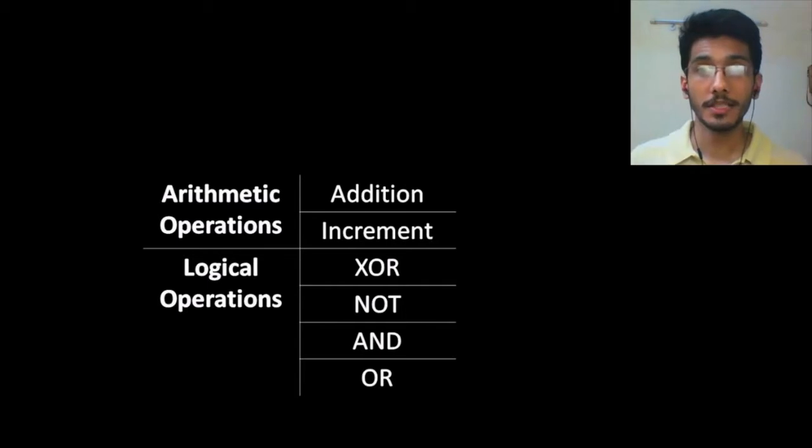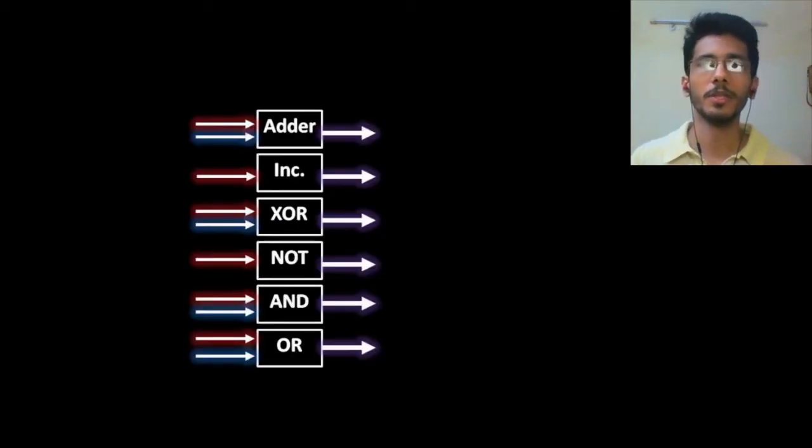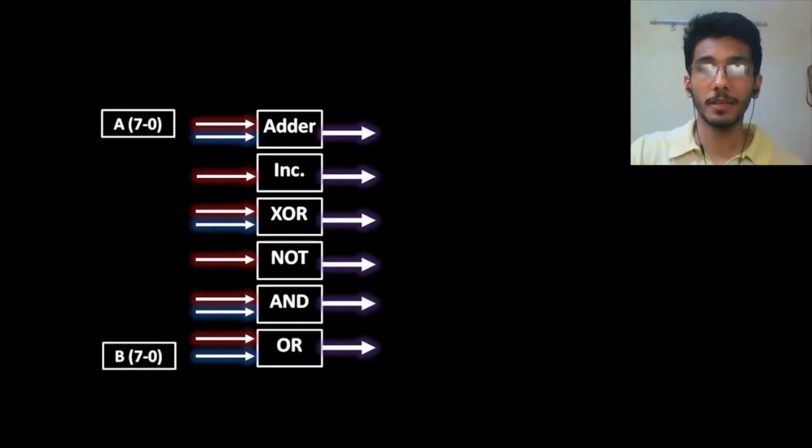Once the operations were decided, I had to figure out how to actually implement this in terms of a circuit. One of the most common ways of implementing an ALU is where you implement all the circuits individually. So you make a separate adder, a separate incrementer, and separate logic gates. Then you take your 2 inputs and connect them to all the circuits at the same time.